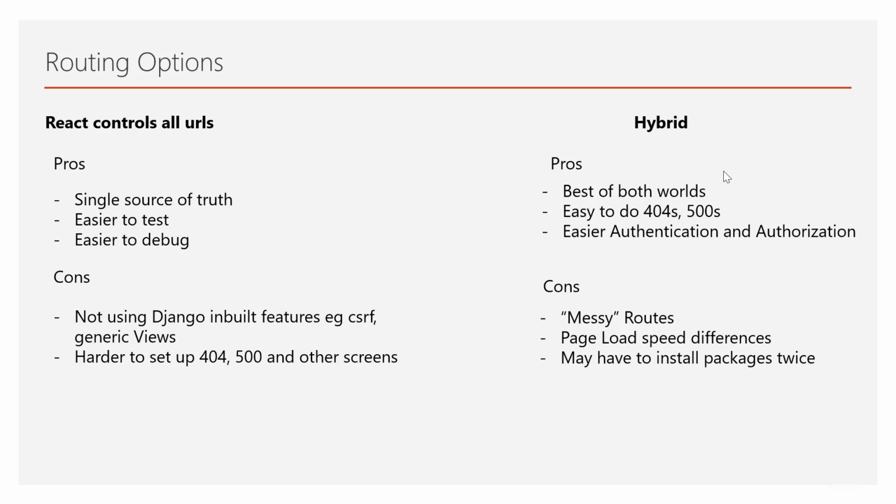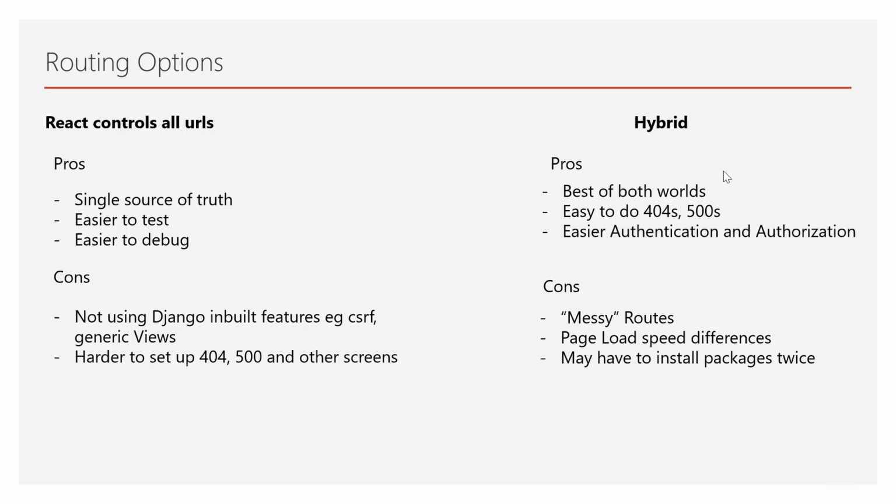Then there's also some instances where the page load difference is very significant, where the Django pages load faster, and if you load the initial React page, it takes some time before it can download all the JavaScript. The other disadvantage is that sometimes I've seen in the past that there are some packages that you may have to install twice.